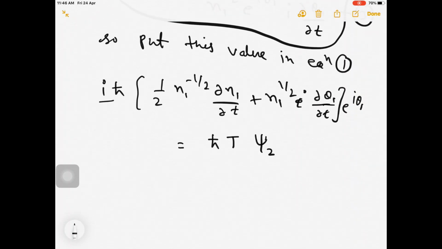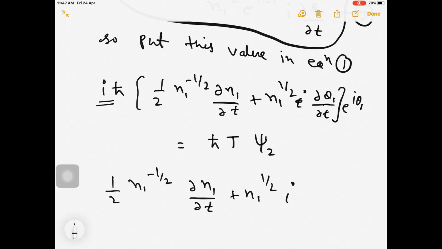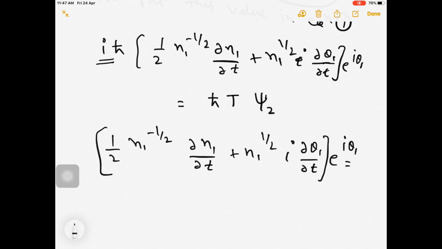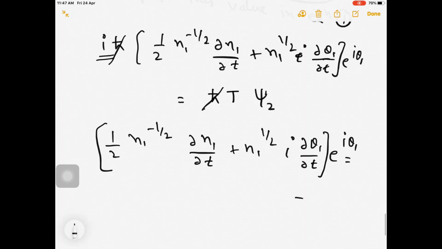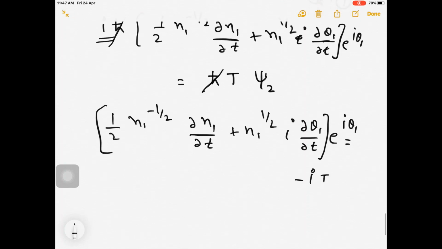If I transfer iota h cut to the right hand side, then I can write 1 by 2 n1 to the power minus half del n1 divided by del t plus n1 to the power half iota del theta 1 del t exponential iota theta 1 equals, this h cut will cancel out, and when iota is transferred to the right hand side it becomes minus iota T, and we know the value of psi 2.